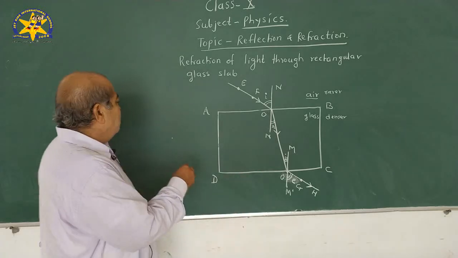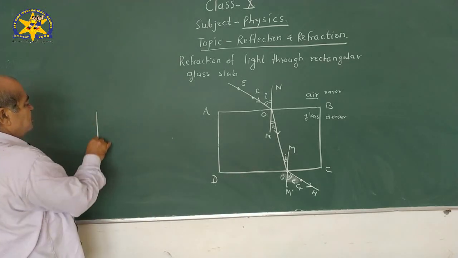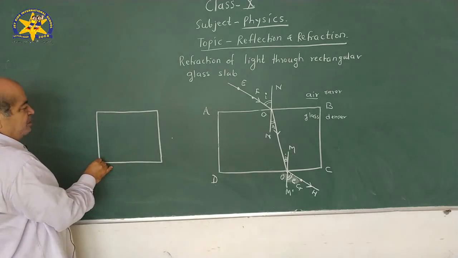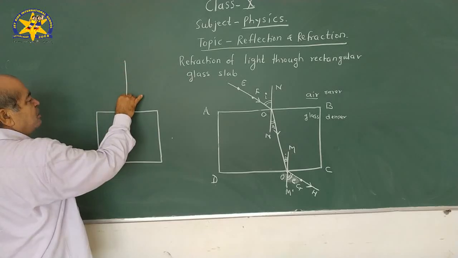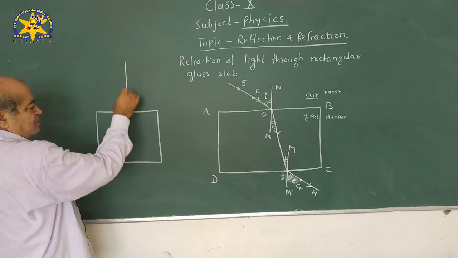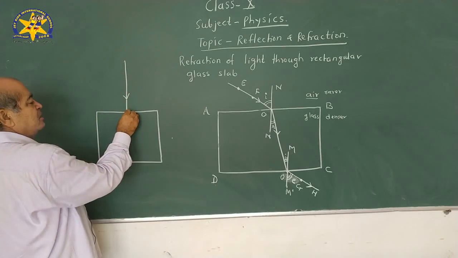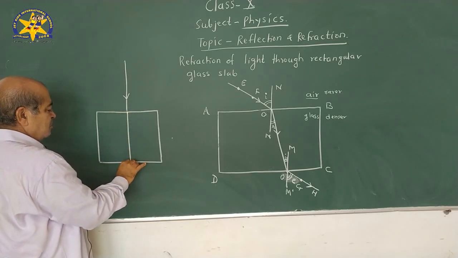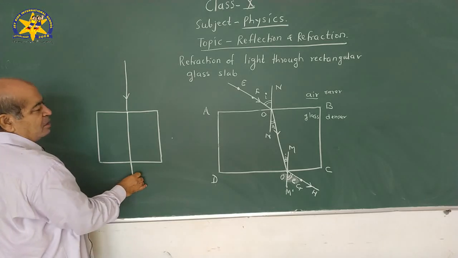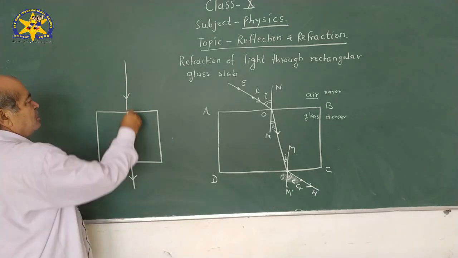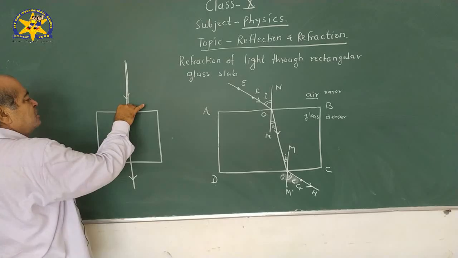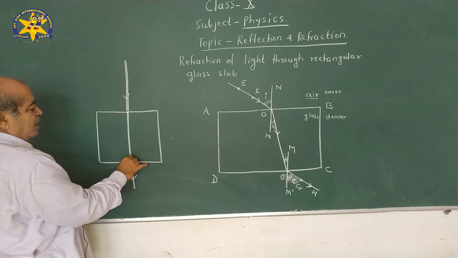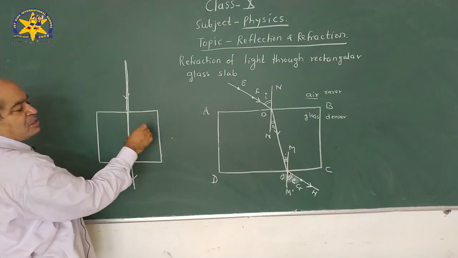Now when light is incident on the glass slab normally, that is, if there is normal incidence, then the ray of light emerges without any deviation. This is the incident ray, this is the refracted ray, and this is the emergent ray.